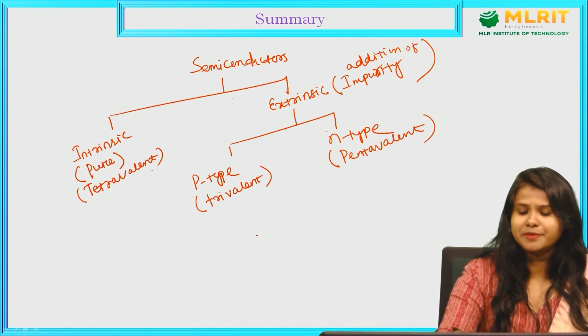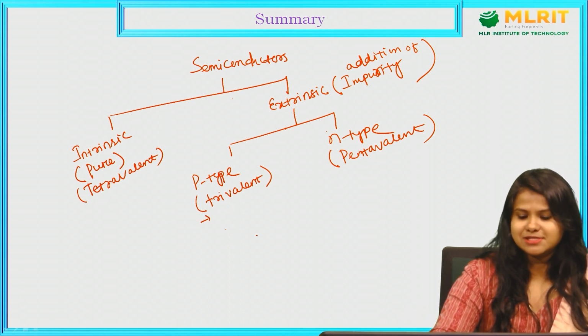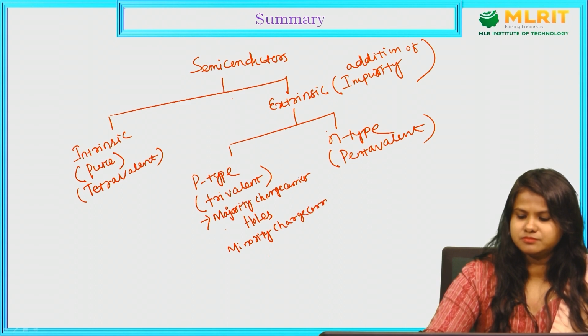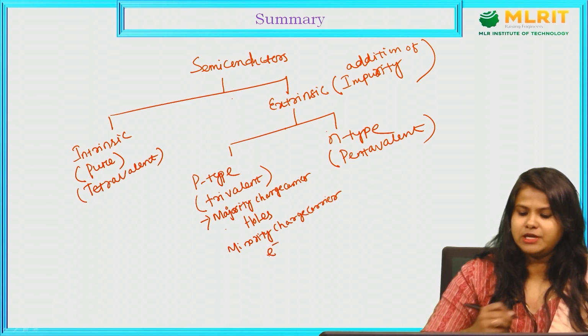And what are the properties of p-type and n-type? As I discussed, for p-type the majority charge carrier will be holes and the minority charge carrier will be electrons.